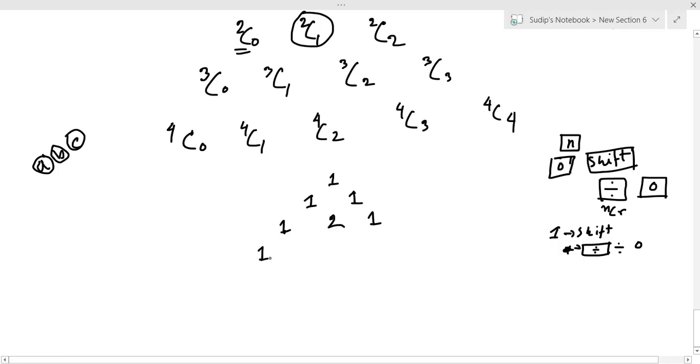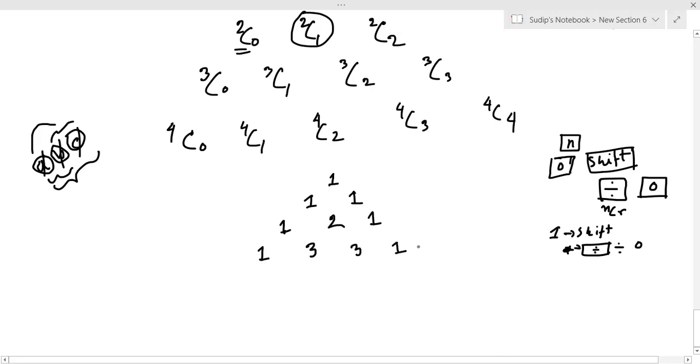If you are to take one ball from 3, then you have to take either A, or B, or C. So you have three options, which is 3. If you have to take two balls from 3, then you can take AB, BC or AC, that is, you have three options. And if you have to take three balls from 3, you have to take A, B and C, you have no other option, so the value is 1.